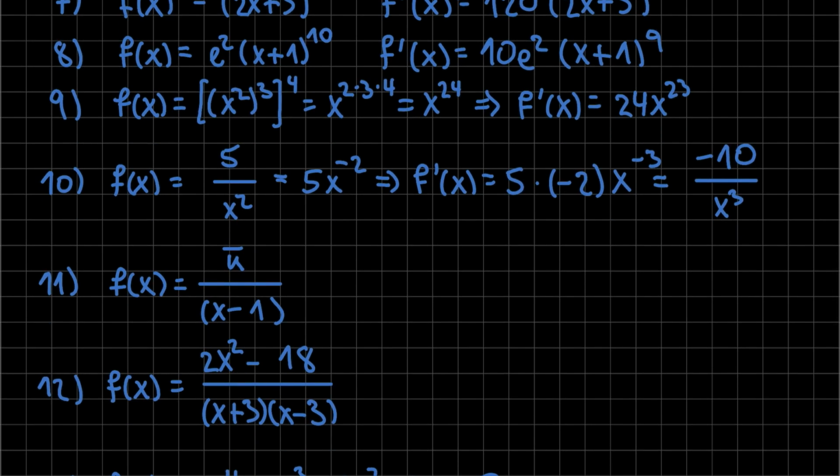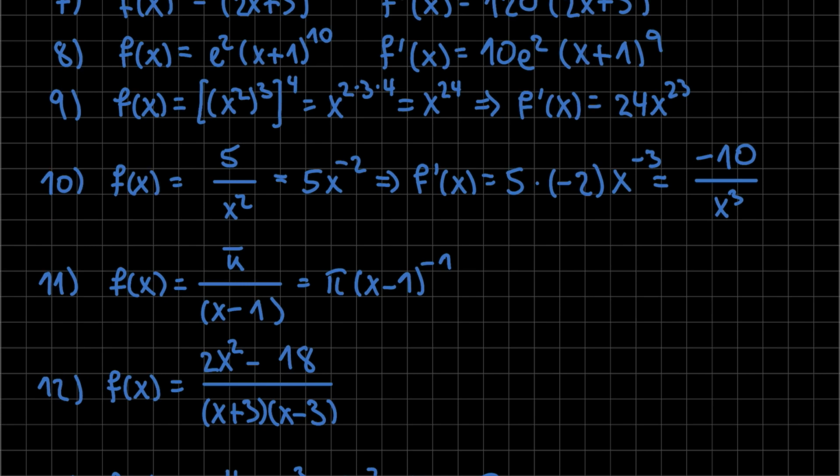Okay, next one. We have f of x equals pi over (x - 1). And again, keep in mind that pi is just a constant. And we can rewrite this as pi times (x - 1) to the power of -1. Again, using a similar exponent law.